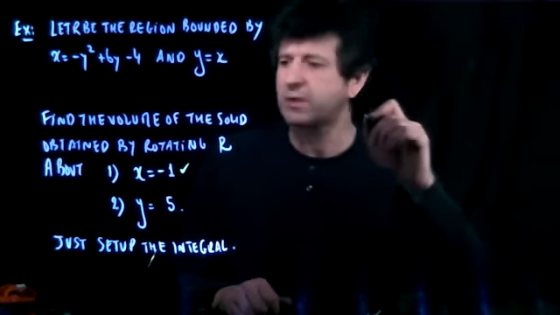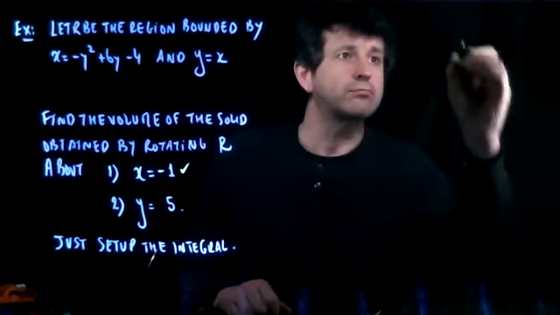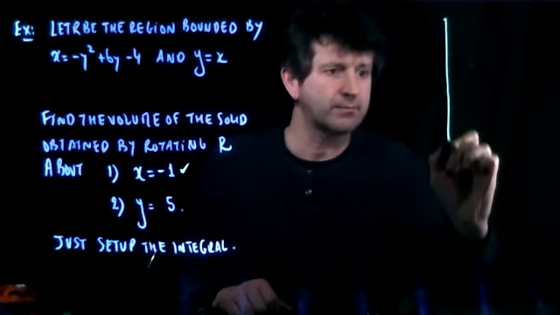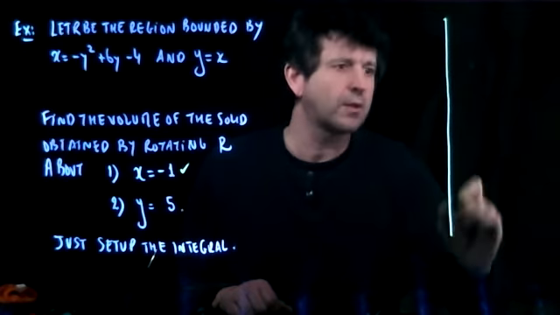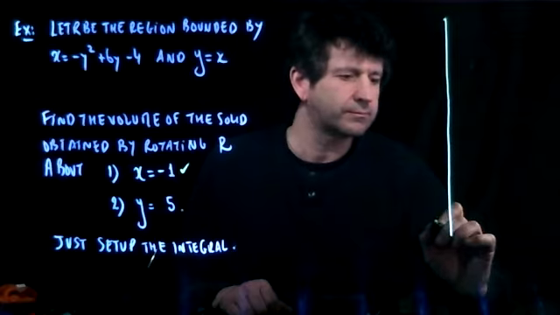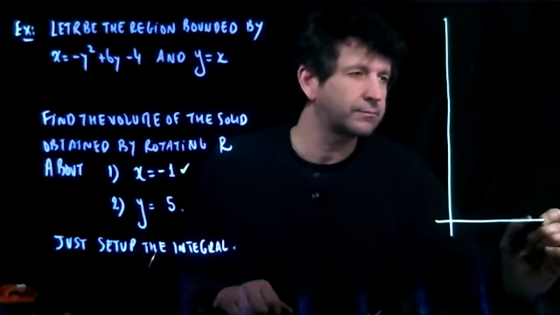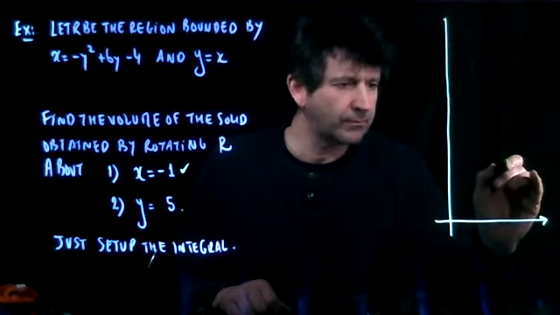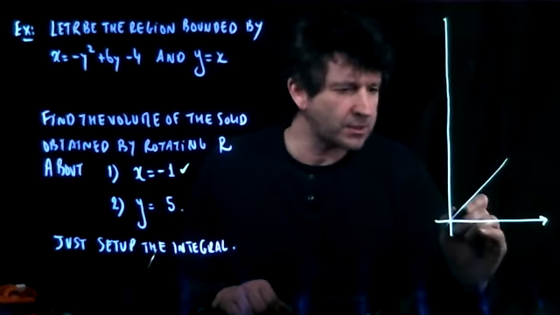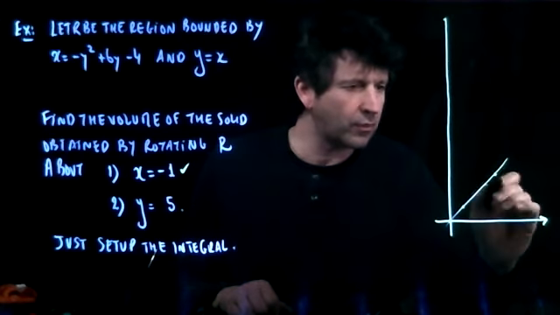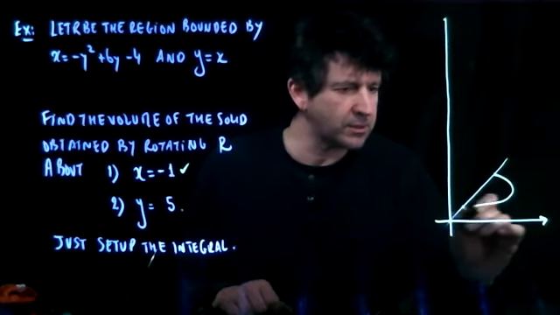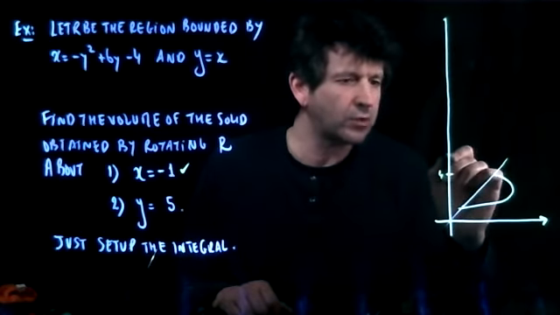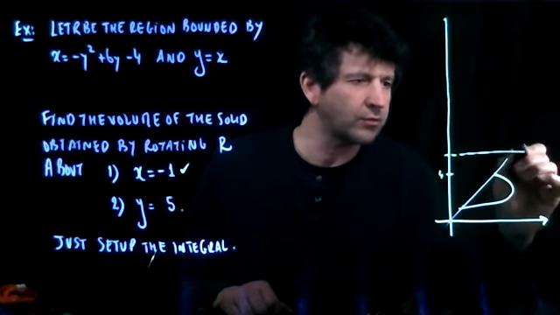Second one, let's redraw the same shape, same region, and I'll do it here this time. So again, y equals x, 1, 4, and something like this. And then this is 4, 4. I'm rotating around y equals 5.